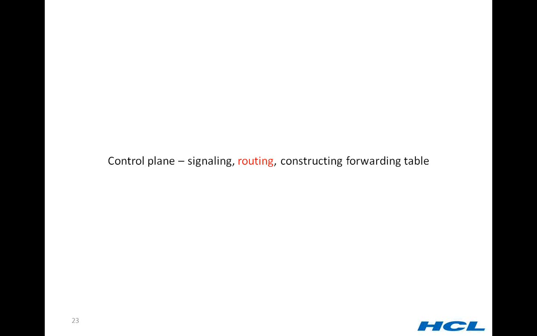Once you identify for a particular flow, this is my next hop, for the subsequent packets in the same flow, you don't need to keep doing the table lookup in the routing. Rather, you can always look up the forwarding table, and all the packets destined to the particular destination can be immediately put into the next hop using this forwarding table.